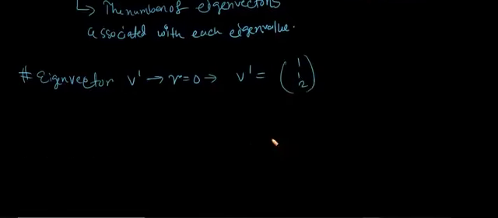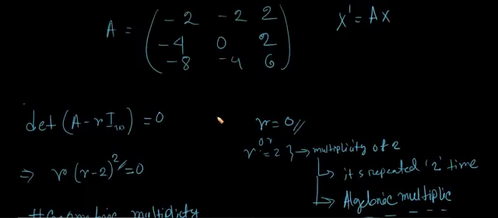However, when you want to calculate the eigenvector, let's call this v tilde, the eigenvector associated with r equals 2, you will see something a bit weird, and let's see what happens. Already you know this from linear algebra, but still let's see that.